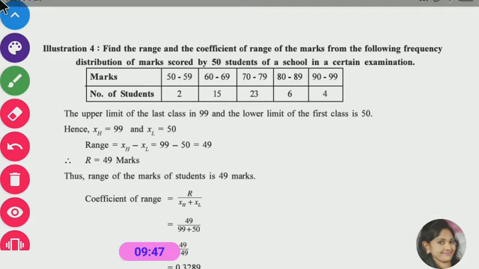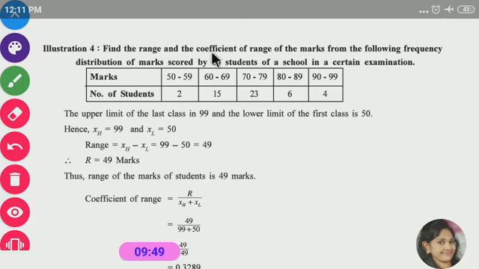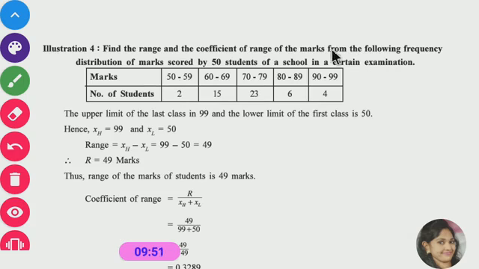Find the range and coefficient of range of the marks from the following frequency distribution of marks scored by 50 students of a school in a certain area. Same as example number 3 and question number 3. Marks are given from 50 to 59, 60 to 69, 70 to 79, 80 to 89 and 90 to 99.